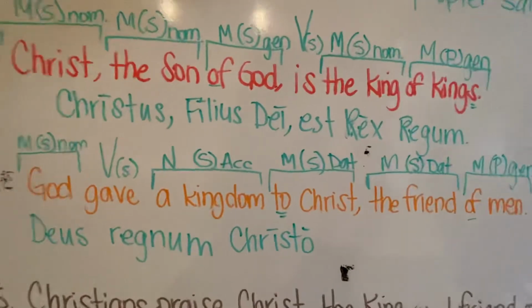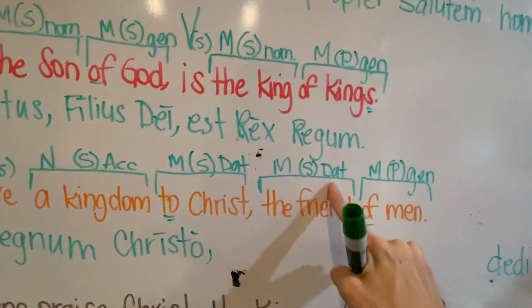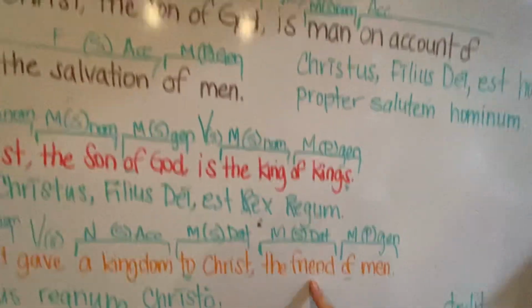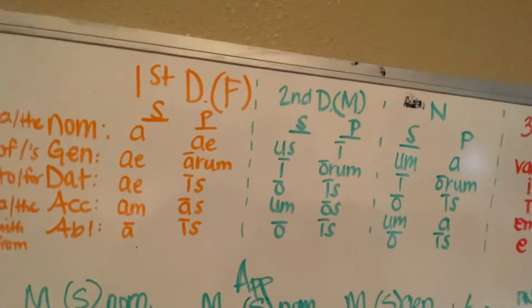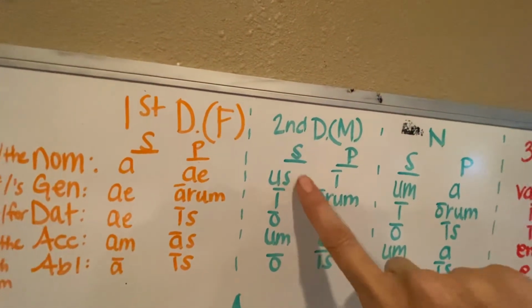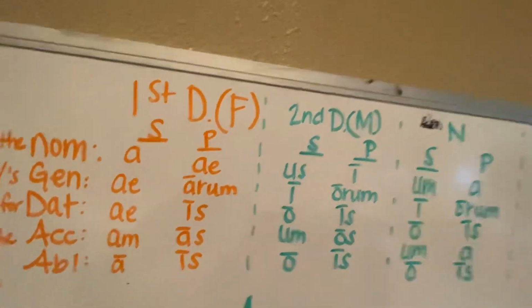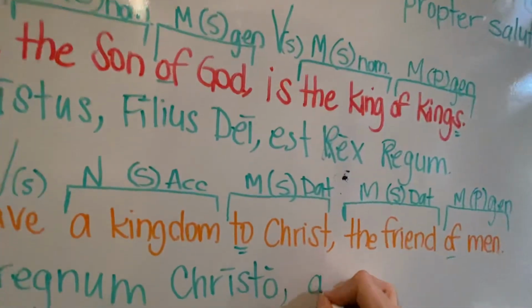All right, to Christ, we said was Christo. And then we have the friend, which is also dative. So it'd be amicus, amici. Okay, so we're going to go over the second declension, amicus, amici. And we're going dative, nominative, genitive, dative. Okay. And it's singular. So it'll be amico.